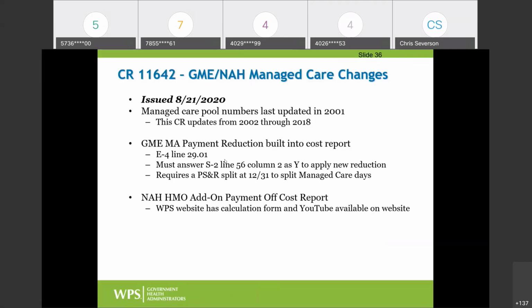Otherwise, it'll keep with the old 14.13 factor. But the other change that'll open up at that point is that it'll require a PSNR split at 12/31 for those managed care days. And you'll see the 2 columns there because, again, every calendar year has its own reduction factor. The big change, though, was the Nursing and Allied Health HMO add-on payment, which is an off-cost report calculation.